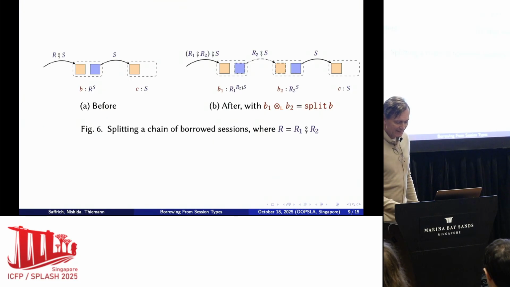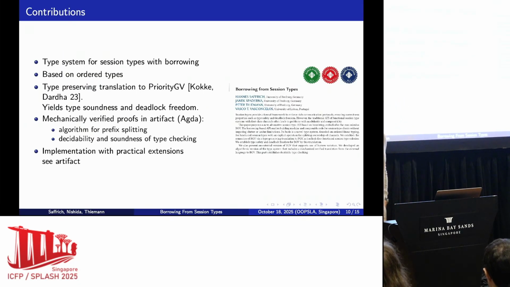Due to time reasons, I'm not going to show you the translation, so there is a nice picture in the paper that also serves as the proof of the type preservation of this translation.